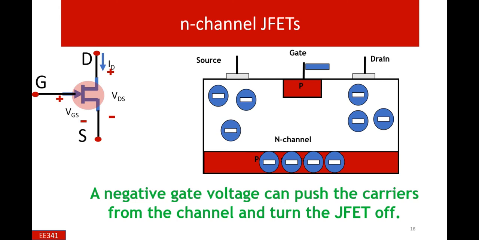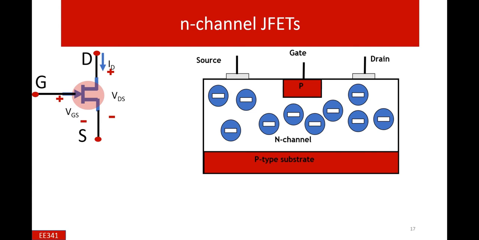Let's think: if this is the N channel JFET, this is the P substrate, this is the P substrate, and there is an N channel, and for N channel JFETs, the carriers moving through the N channel are electrons moving from source to drain. So if instead of zero or positive voltage we apply some negative voltage here, what happens?